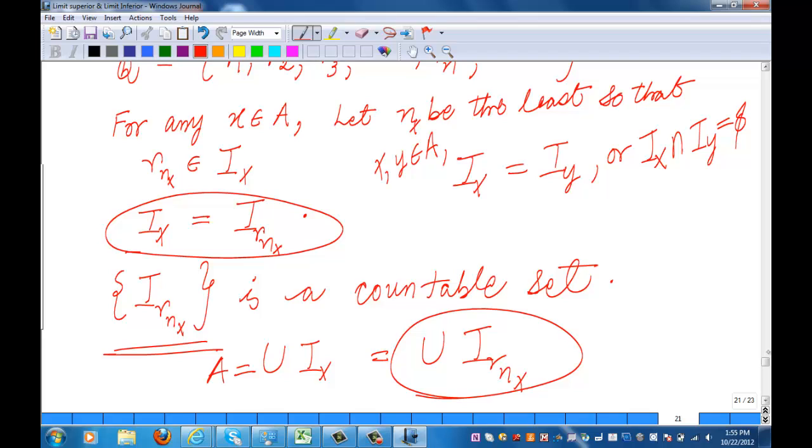These two guys must be the same rational numbers, because we picked the index to be the smallest possible. So that contradicts. So if they are the same, then the indices must be the same. So that means this is a disjoint collection also.